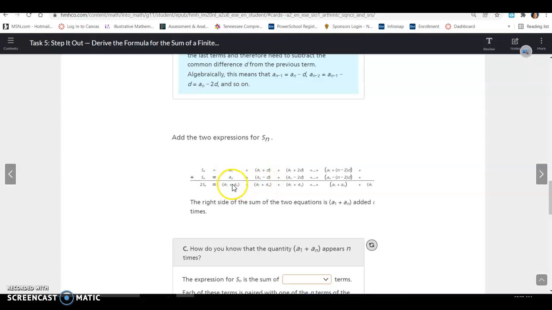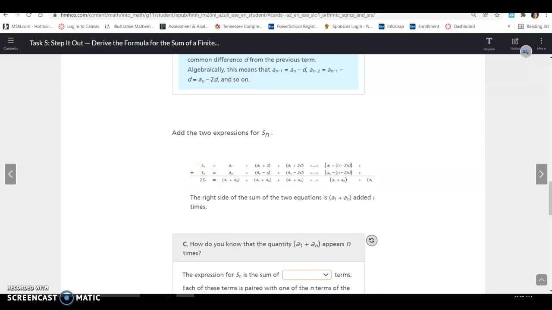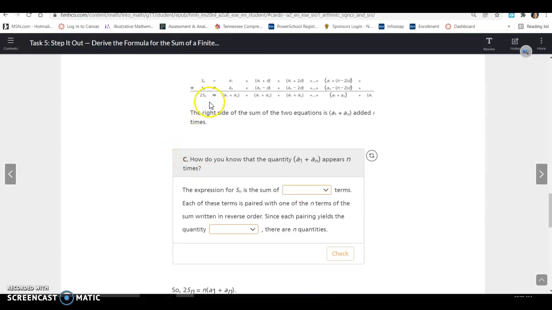So if we add these together, we get a sub 1 plus a sub n, and then a sub 1 plus a sub n, because your d's cancel, and that happens in each column. And S of n plus S of n equals 2 times S of n. All right, so we have 2 S of n equals a sub 1 plus a sub n, n times.